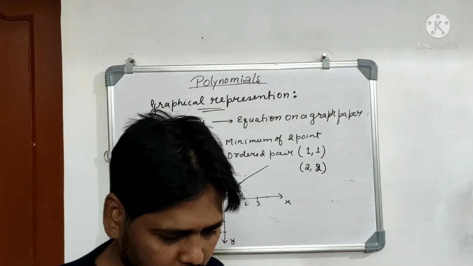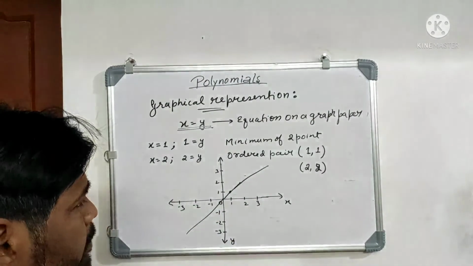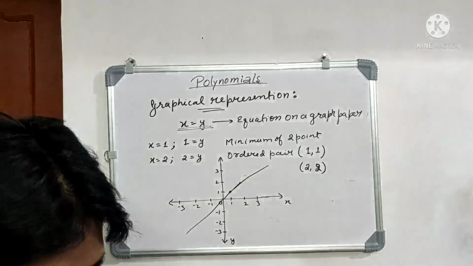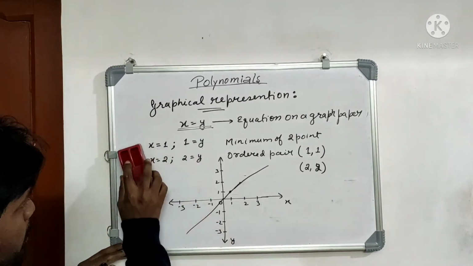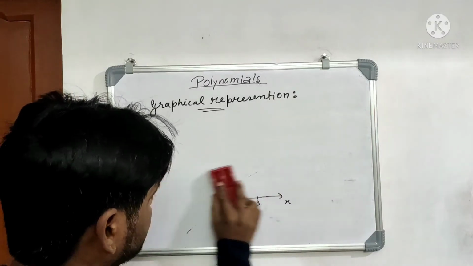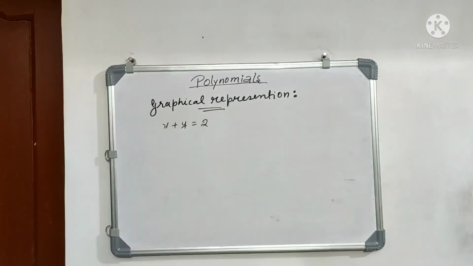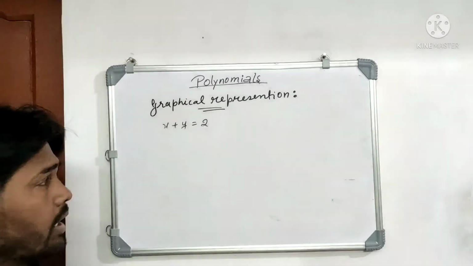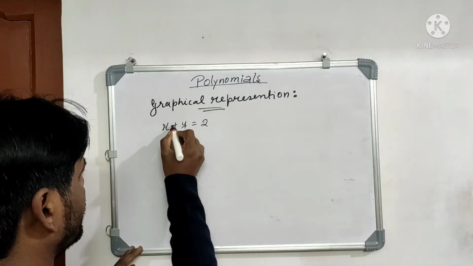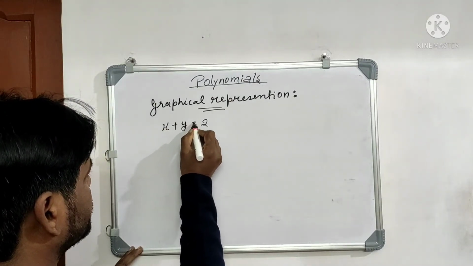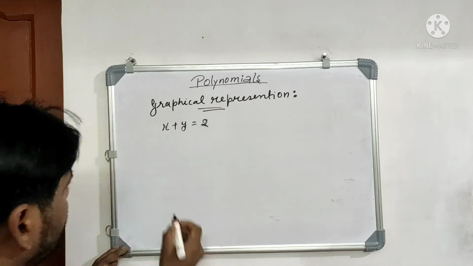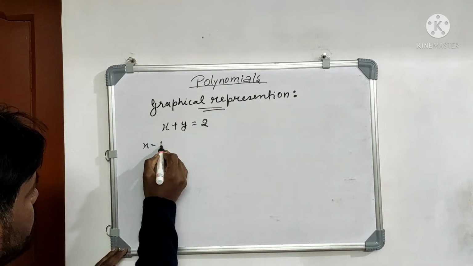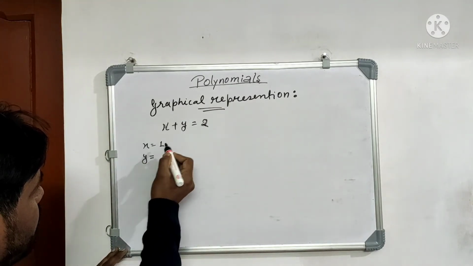Moving forward, we can take any example, and similarly we can represent those polynomials or algebraic expressions in the form of a graph. Let us take another example where we will be solving the equation x plus y is equal to 2. Take the value of x is equal to 1 and solve it for the value of y.